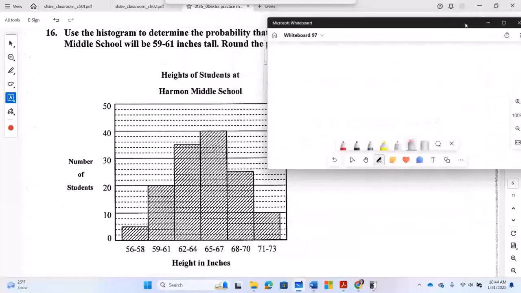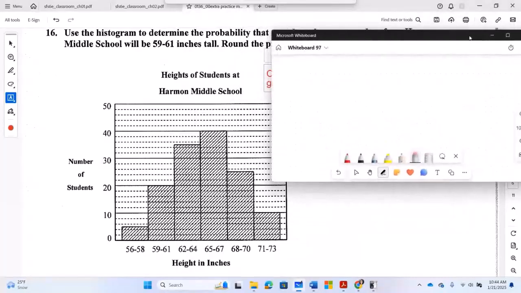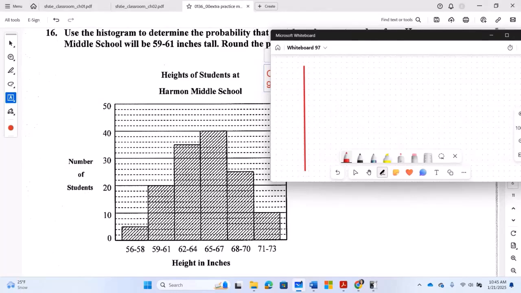Given this data, the first thing I want to do is to make a frequency distribution table containing only the classes and the frequency.